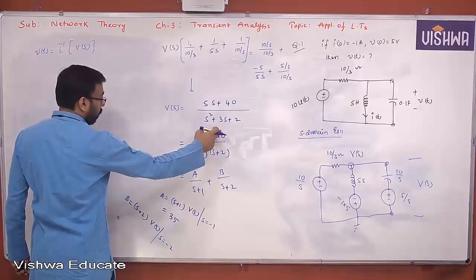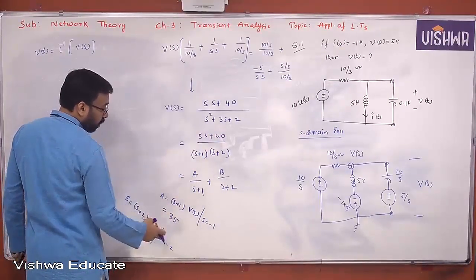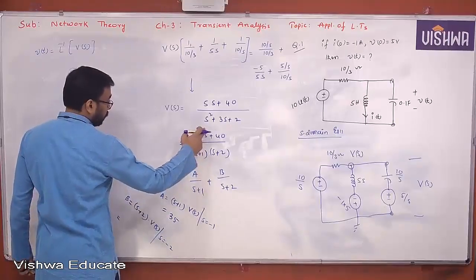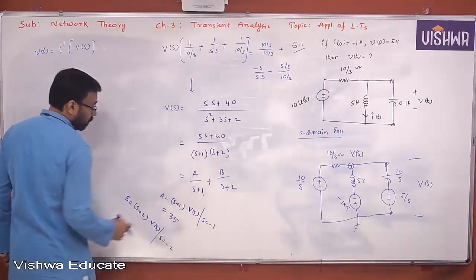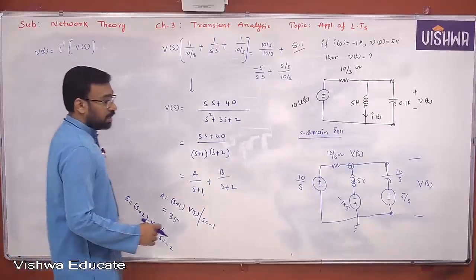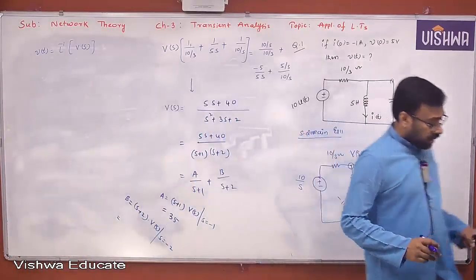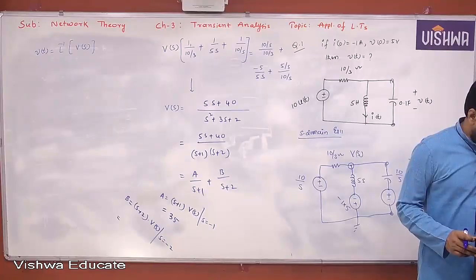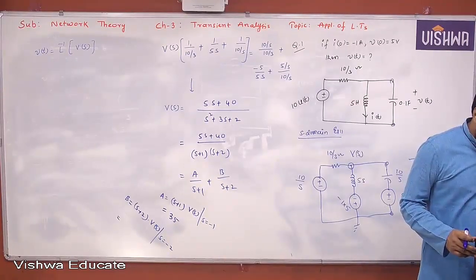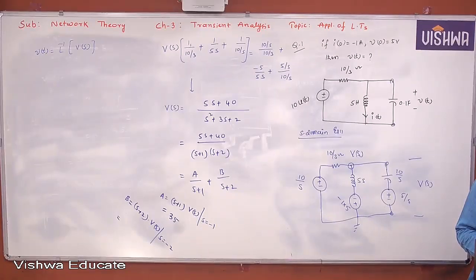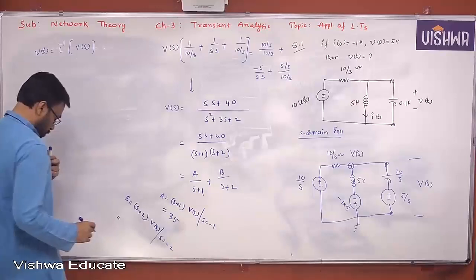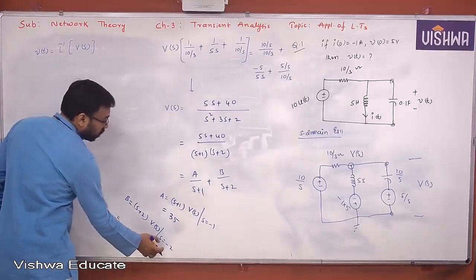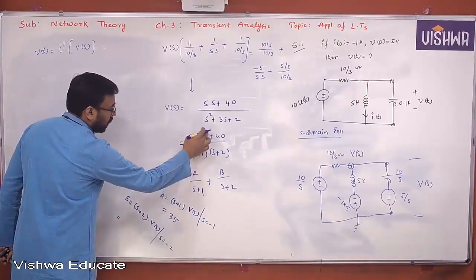When you have S is equal to minus 2 and you substitute in 5S plus 40, what do you get? Just a minute, I'm just making some calculation. S is equal to minus 2 when you substitute here, this is minus 2.